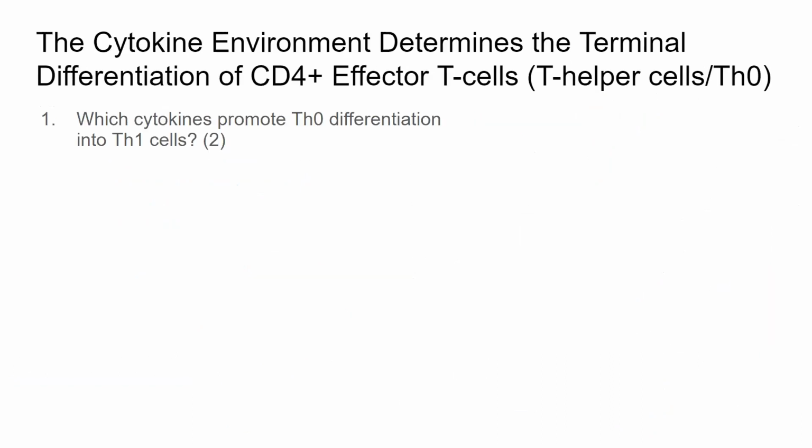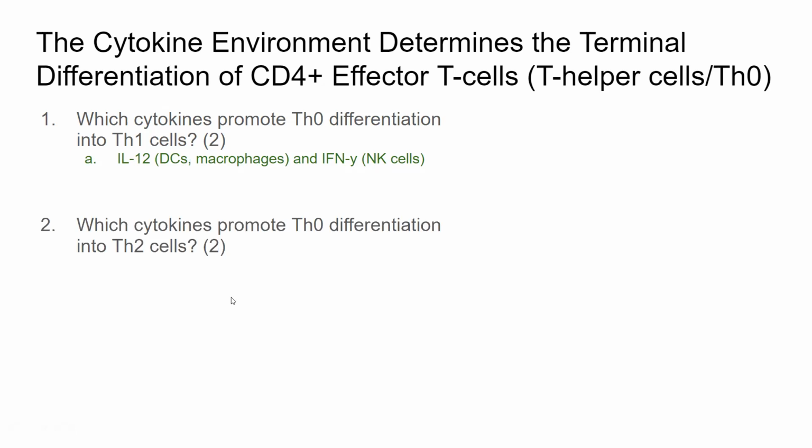So now we're going to talk about which cytokines induce differentiation of the different T cell subtypes. This is important. Which cytokines promote differentiation into Th1? There's two of them. Good, IL-12 and interferon gamma. And remember, IL-12 is produced by those dendritic cells and macrophages, and interferon gamma mostly by the NK cells. What about Th2 cells?